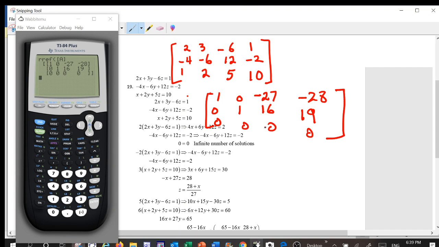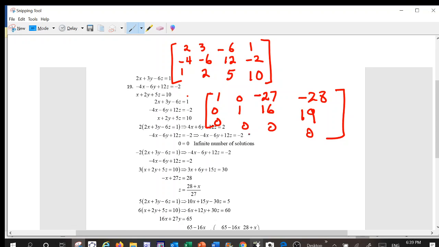So that right away indicates that we have infinite number of solutions. Now the question is, how do we write them? And the answer is, you have to turn this back into a system, which is going to have only 2 equations, because this one has all zeros.